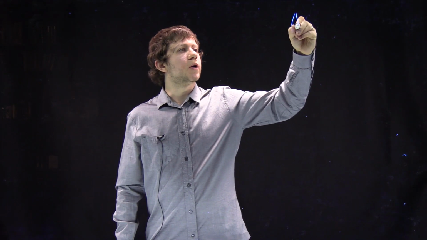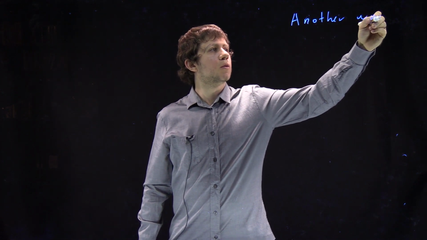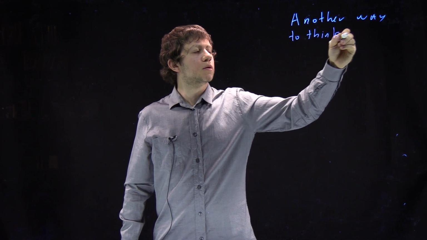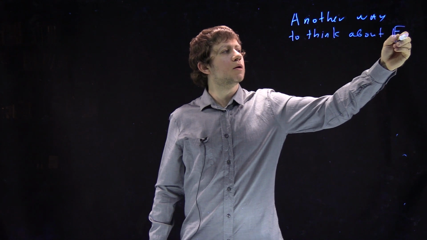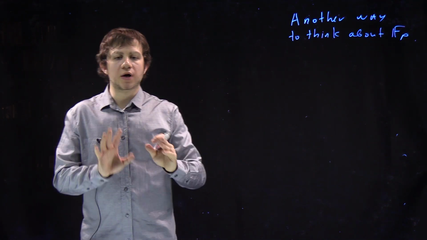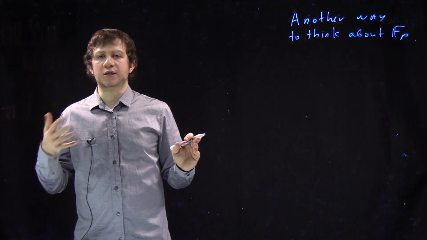Here is another way to think about F_p. Before, I just said that it has p elements, 0, 1, and so on, p minus 1. But of course, naturally, one can ask what these elements actually mean.